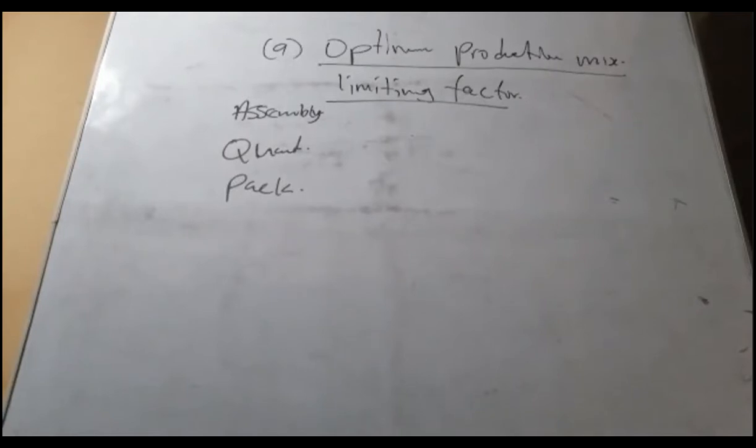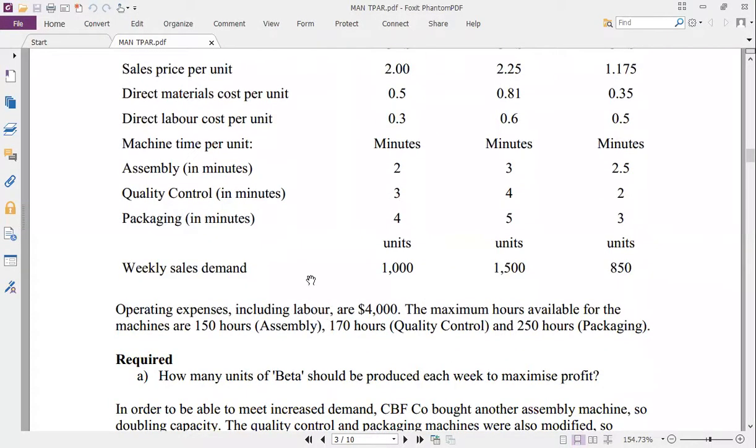My time and money, that you need to write in ICA or your professional exams. So what we do is this. We go again. Weekly sales demand, that is 850. Operating expenses including labor, that's good news. Because we say that in throughput, labor cost is what? Fixed.